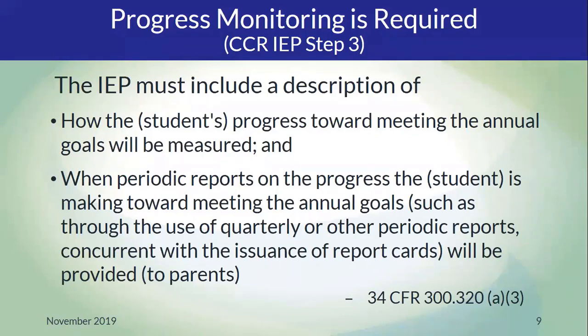These two requirements are documented on a number of DPI forms. DPI form I-4 in the goals section, and the progress reports are on I-5 and I-6 sample forms. Links to these forms are included in the resource section for you.